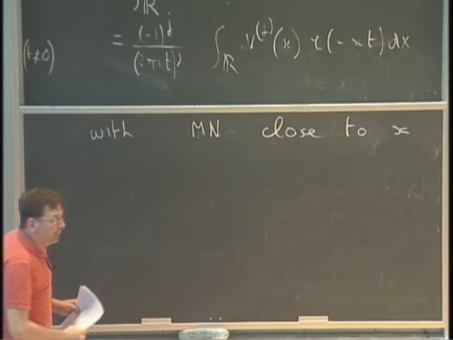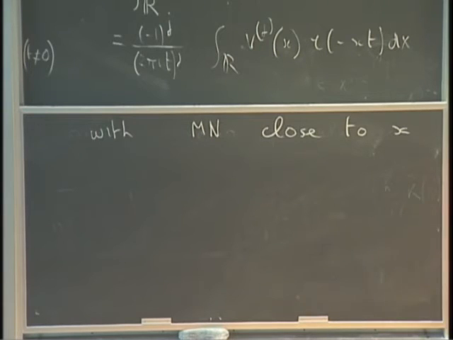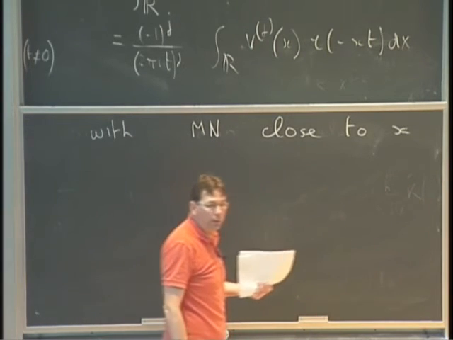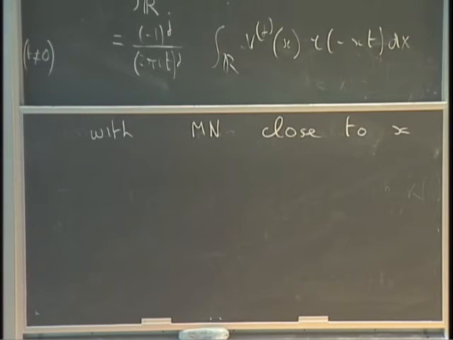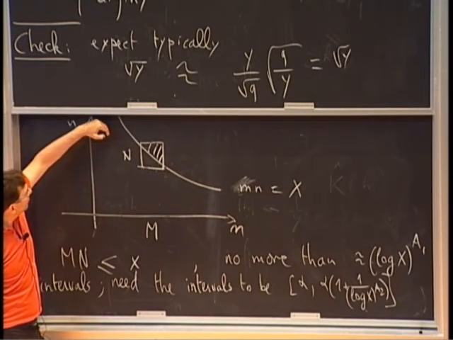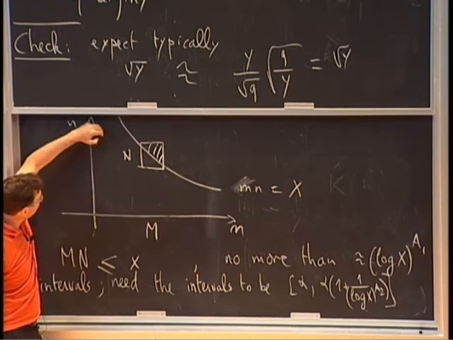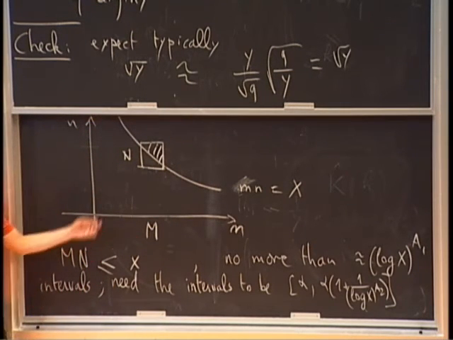So why can I take mn close to x? So of course the upper bound is close to x. In fact, also the lower bound can be taken to be quite close to x, simply because if you sum the total number of points a little bit below the hyperbola, then this is within the trivial bound. So you can compute completely trivially the number of points that would have mn less than or equal to x divided by some really huge power of log x. This will already be good enough.